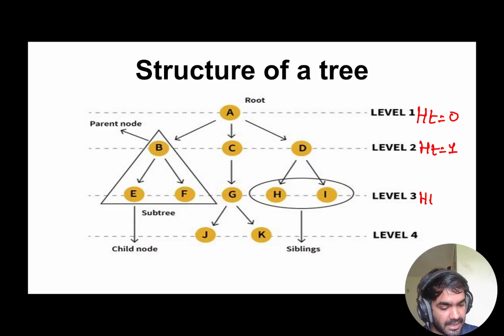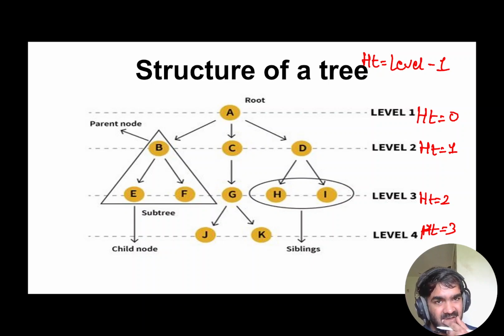Third level is at height 2, and fourth level is at height 3. So if we know the level, we can take out the height by this formula: height equals level minus 1.